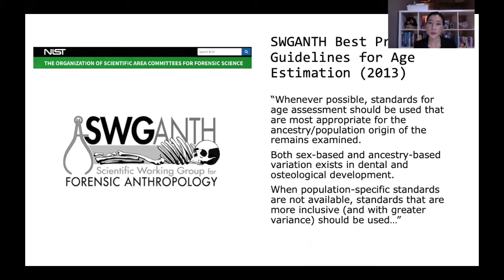In the case when population specific standards are not available, then it is recommended to use a more inclusive method that can accommodate more various populations.